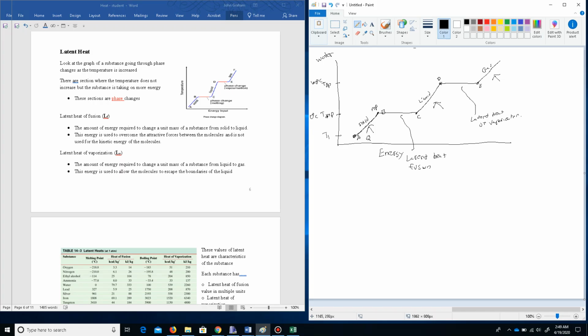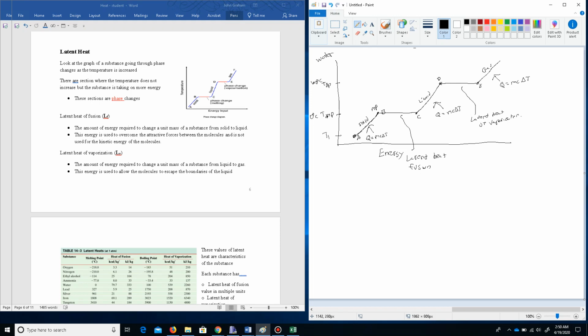This is Q equals mc delta T. Q equals mc delta T. And Q equals mc delta T. Okay, delta T is just the temperature change. This is just the mass. The biggest difference between these three is the specific heat.